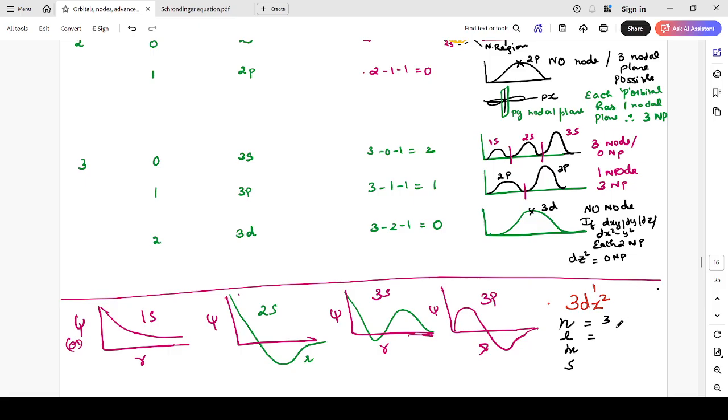So, L can be from 0 to 2, that is 0, 1, 2. And now M can be from minus L to plus L, that is minus 2, minus 1, 0, 1, and 2, ma'am.